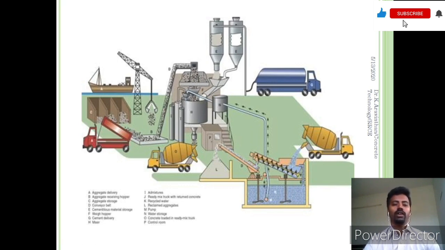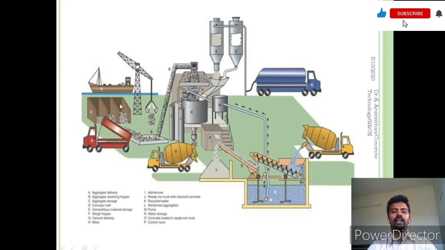Whenever we require concrete, we will convey the aggregate material through this conveyor belt, and also there will be silos which have cementitious material. It can be ordinary Portland cement or fly ash or GGBS. There will be a separate silo for each and every cement ingredient.